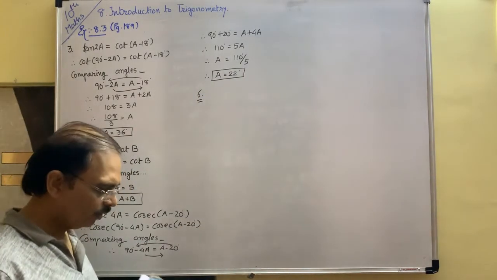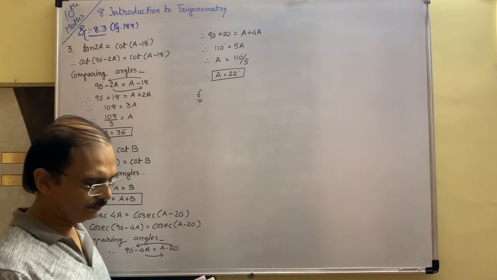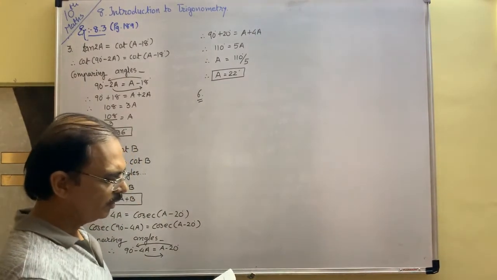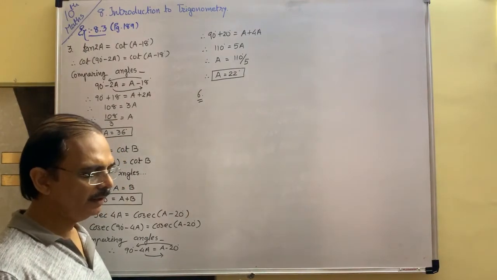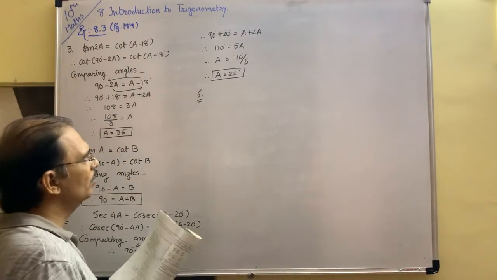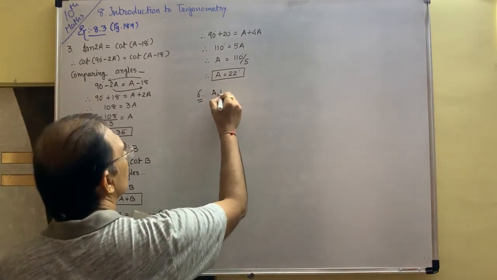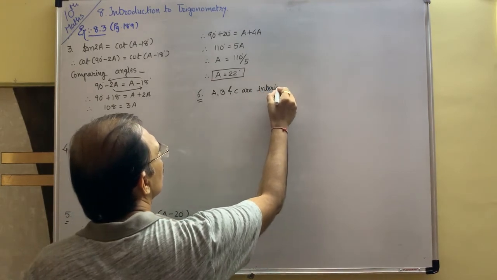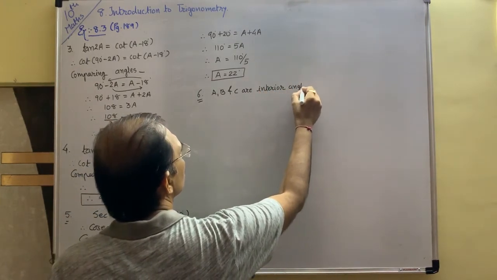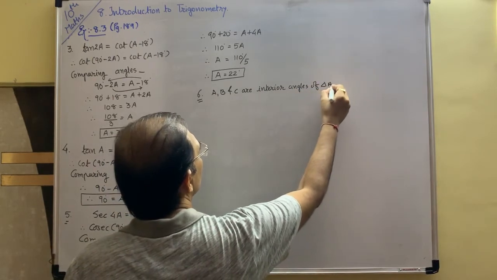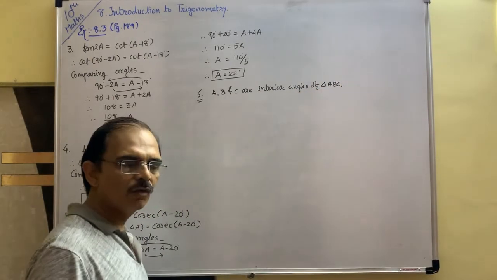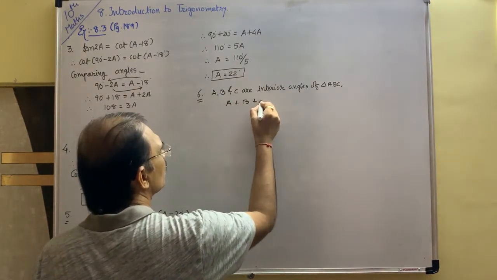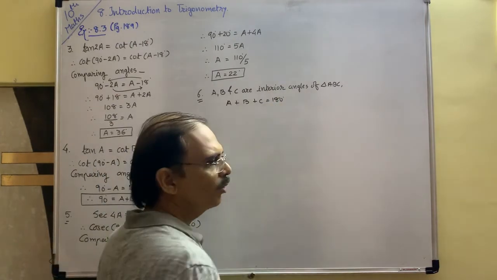6th number on page number 190. If A, B, C are interior angles of triangle ABC, then show that sin((B plus C) upon 2) equals cos(A upon 2). It means you can write A plus B plus C equals 180 degrees, the angle sum property.